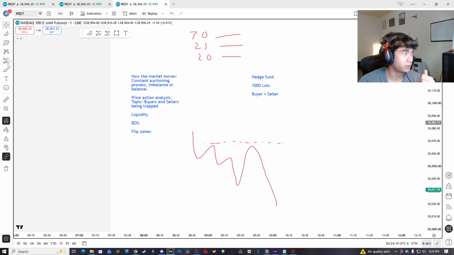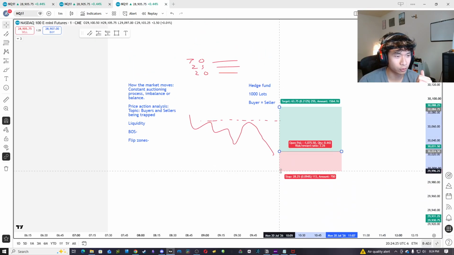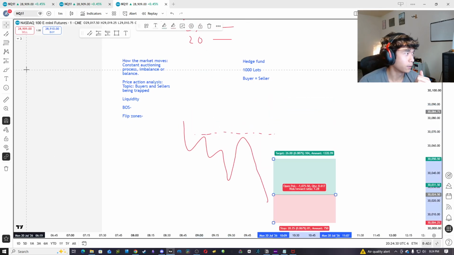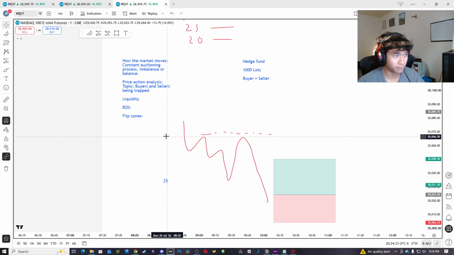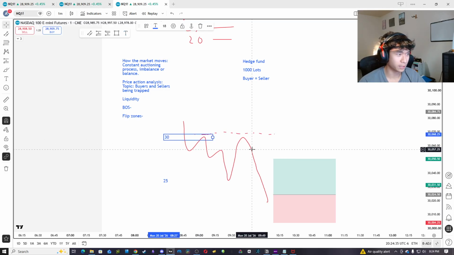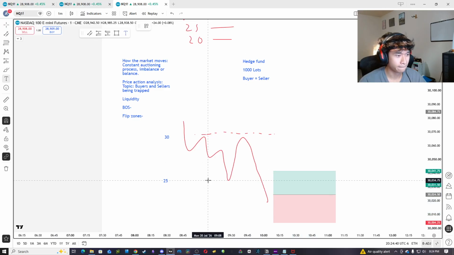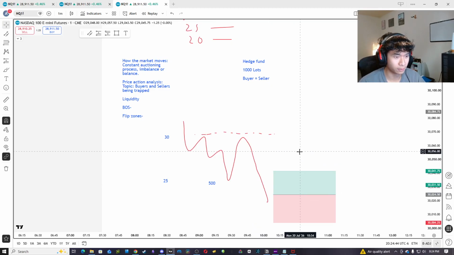Let's say a hedge fund is long all the way down here. They have 1,000 lots that they're trying to unload. They can't just unload 1,000 lots here at, let's say this is $25 and this over here is $30. They can't just unload all their orders at $25 if there's only, let's say, 500 sellers here, right?